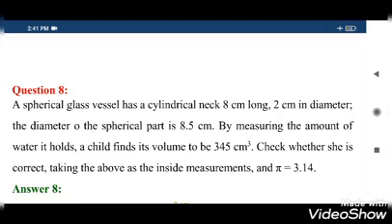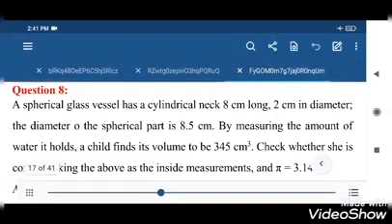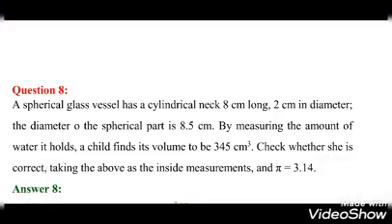They have given the values separately. For the cylinder, 8 cm long is the height, and 2 cm is the diameter, so the radius is 1 cm. The spherical part is 8.5 cm diameter, so the radius is 4.25 cm.